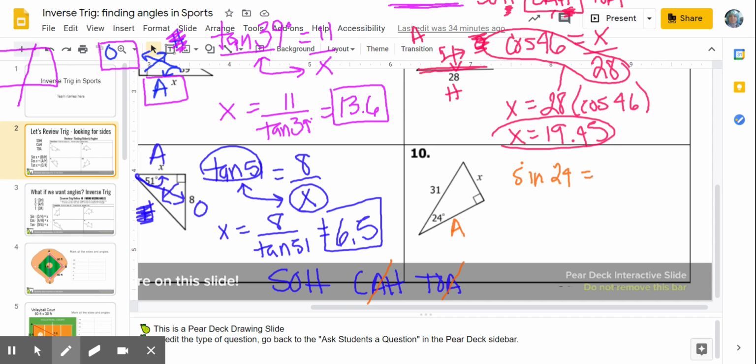And which one's the O and which one's the H? And do I multiply or do I flip and divide? That's what I got.